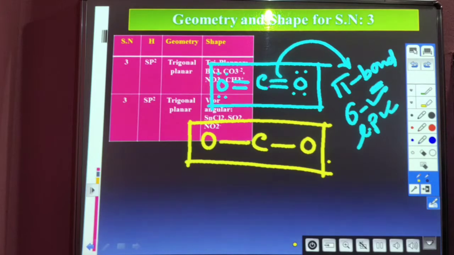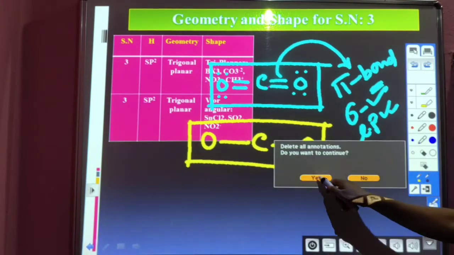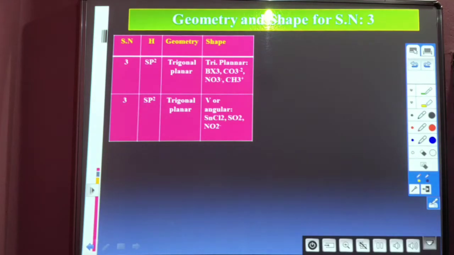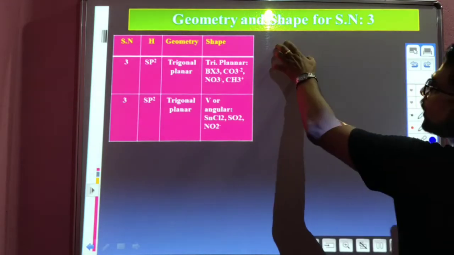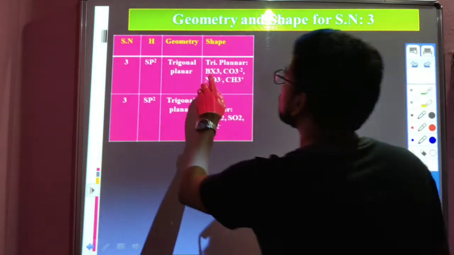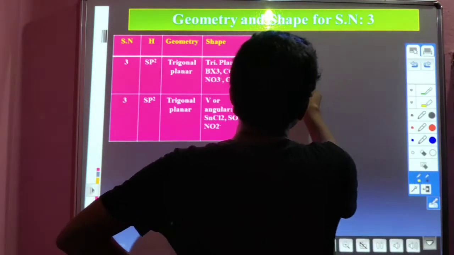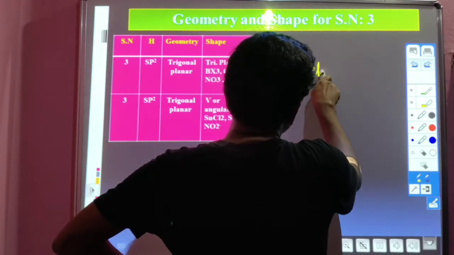Geometry and shape for steric number 3. When steric number is 3, what will be the geometry, shape and structure? I will discuss only BX3. Let me show you like BCl3.